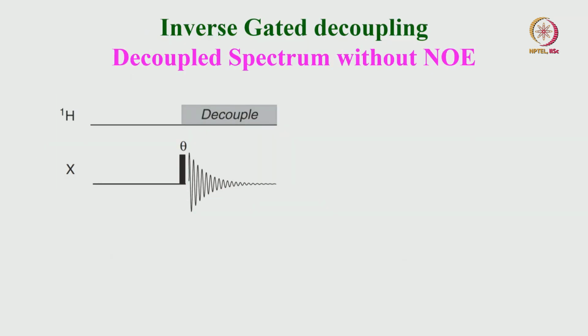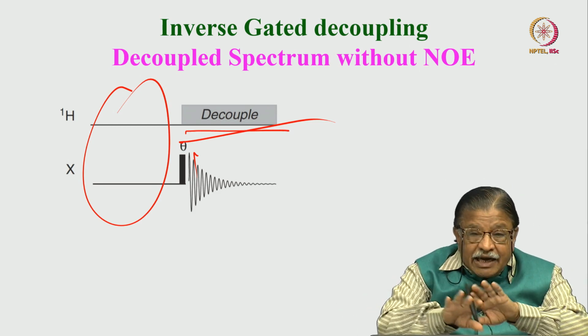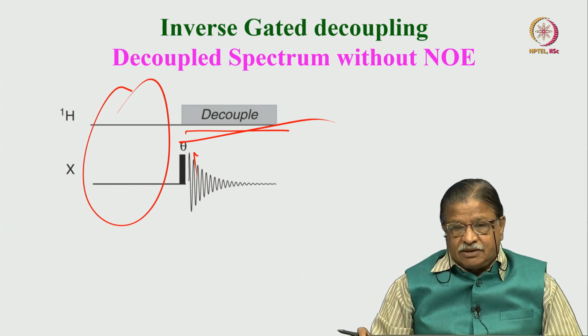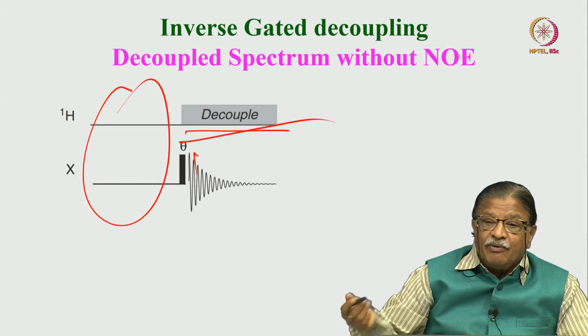On the other hand, I can do one more thing. I can start acquiring the signal and not do NOE at all. This is a spectrum where, because I am applying decoupling power while acquiring the signal, I am breaking the coupling between carbon and protons, but I am not doing NOE. There is no NOE here.